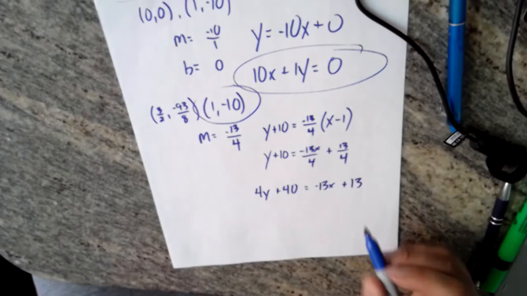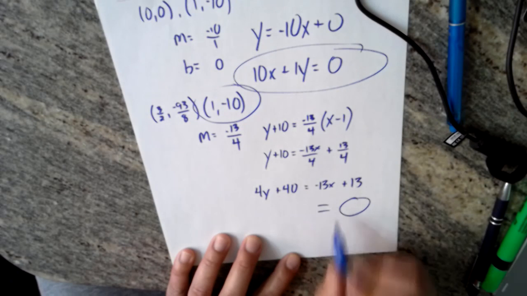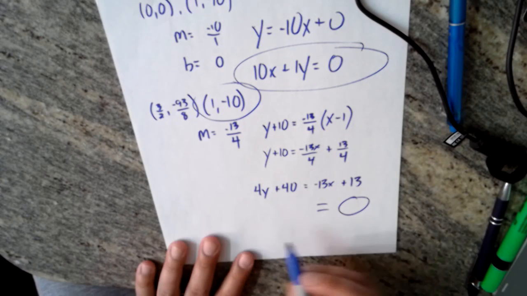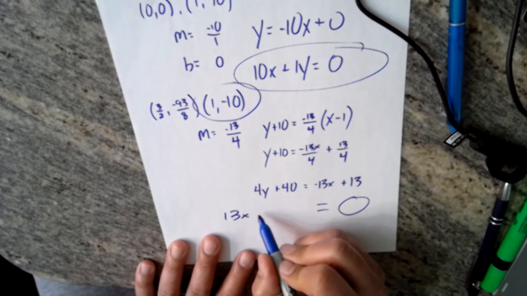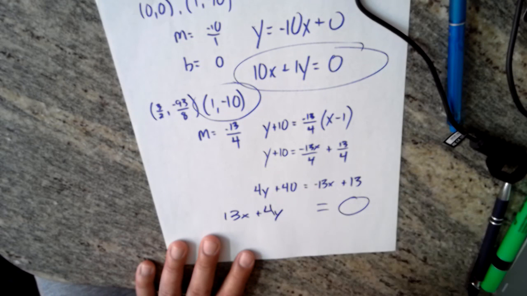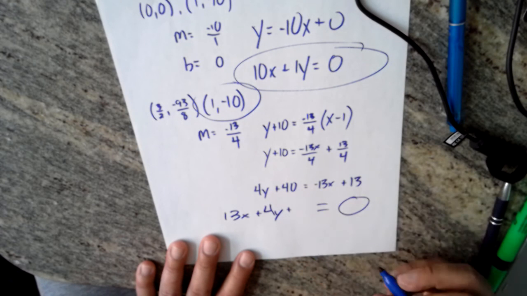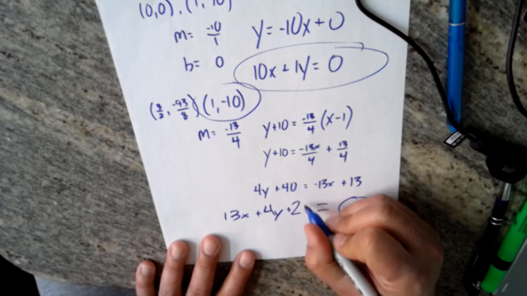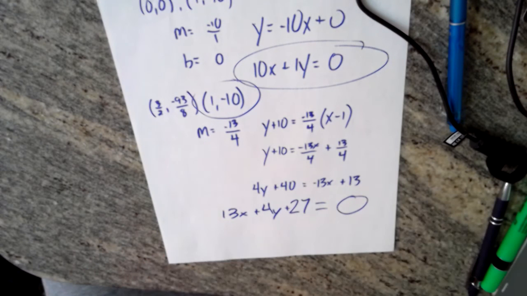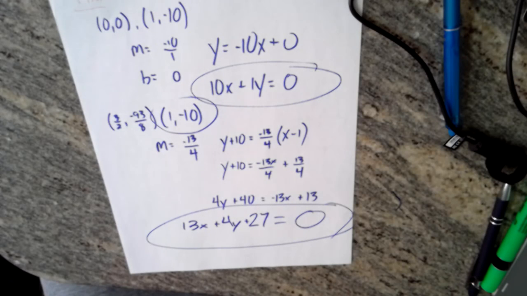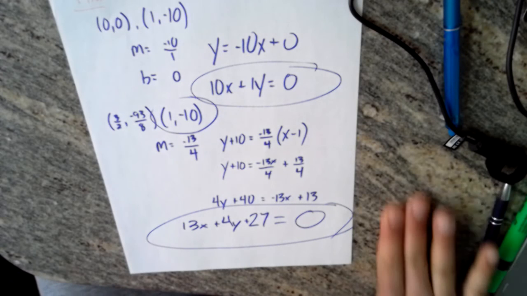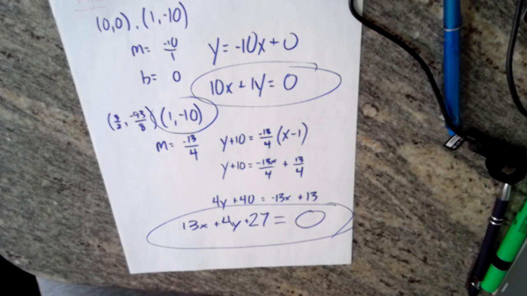So then you want 0 over here is how the book wants it. So you're going to end up with, let's see, 13x plus 4y plus 27 equals 0. And those are the answers to your questions. I just wrote on my, that's why I had a paper underneath there. I hope that helps.